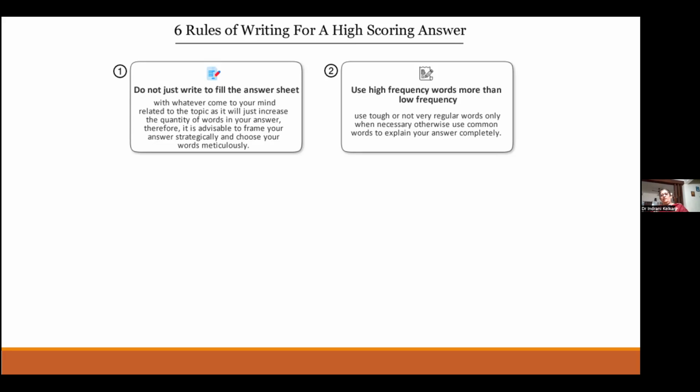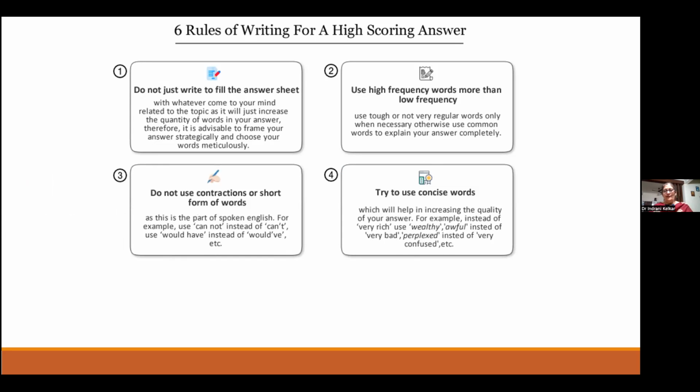So use a lot of words which you regularly see in your textbook. We call them high frequency words. That means they are the ones which appear more often while you read the text. They are the ones the teacher will look for inside the answer, saying that yes, this child has understood that these points are important and has put them in.